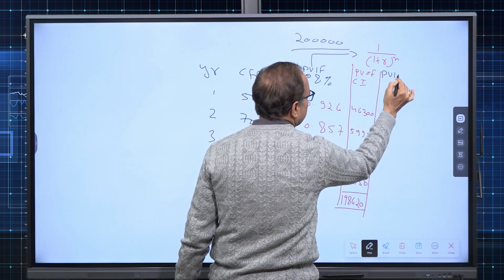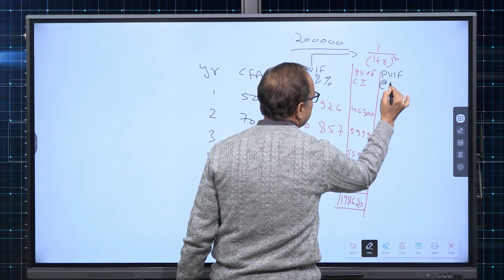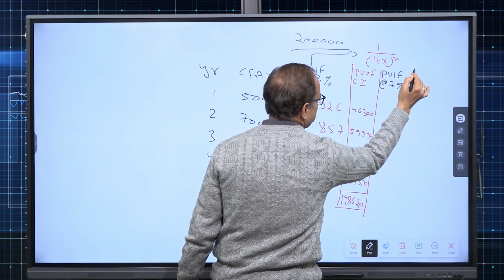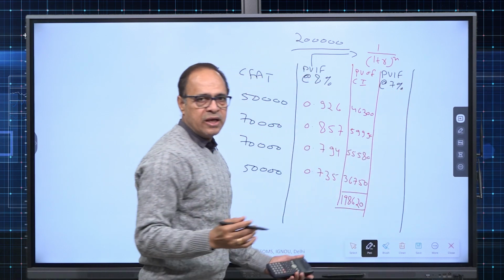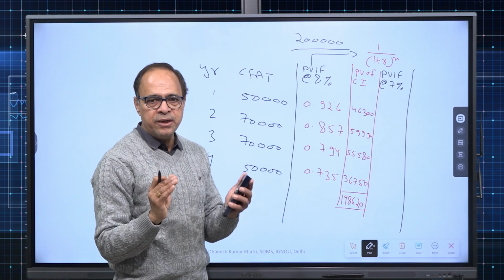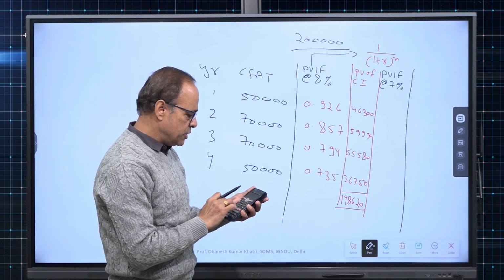Look for the PVIF at the rate of 7%. You can use the time value table, present value of rupee 1. So, it is 1 upon 1.07.